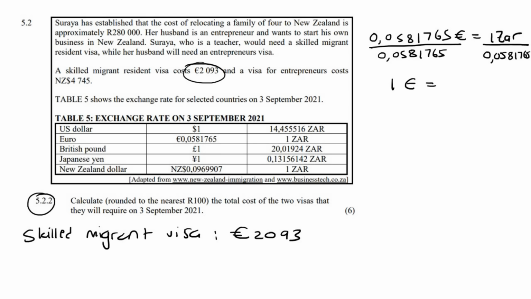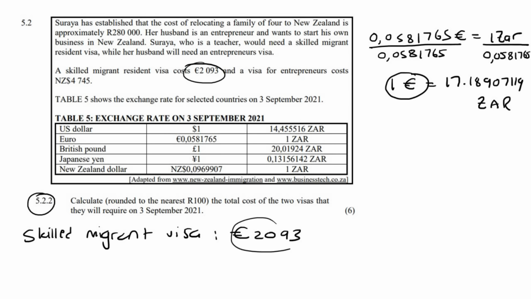And then if you had to go divide that on the right hand side, so you say 1 over 0.0581765, don't round off, you're going to end up with 17.18907119 ZAR. Okay, so think about this carefully, guys. We've got 1 euro is the same as 17.18 rand.